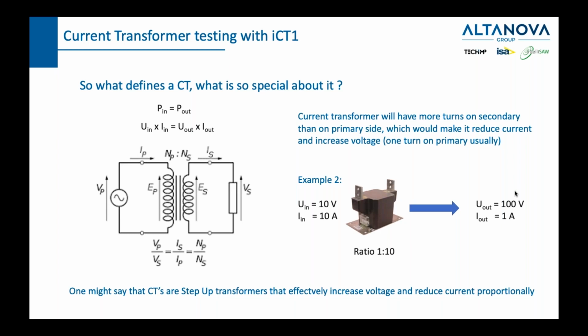When your current transformer is connected to a relay or an energy meter or power quality meter, its secondary is short-circuited because it is connected to the amperometric input, and this is effectively a short circuit. So that's why we say that the secondary side of a current transformer always needs to be short-circuited or needs to have some kind of burden on it.